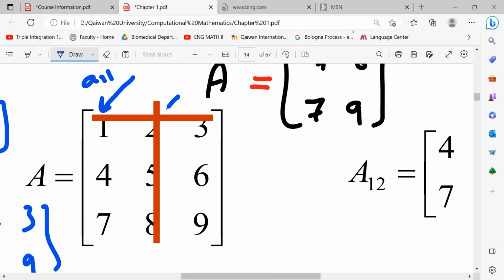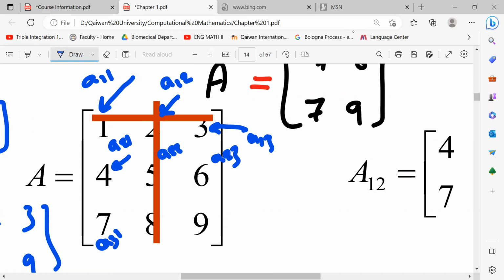How about this one? It is a12, first row, second column. Then this one, a13. This one, a21, a22, a23, a31, a32, a33.